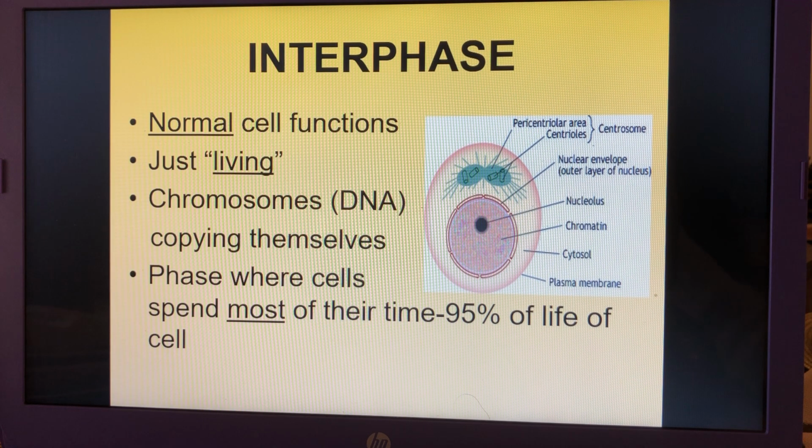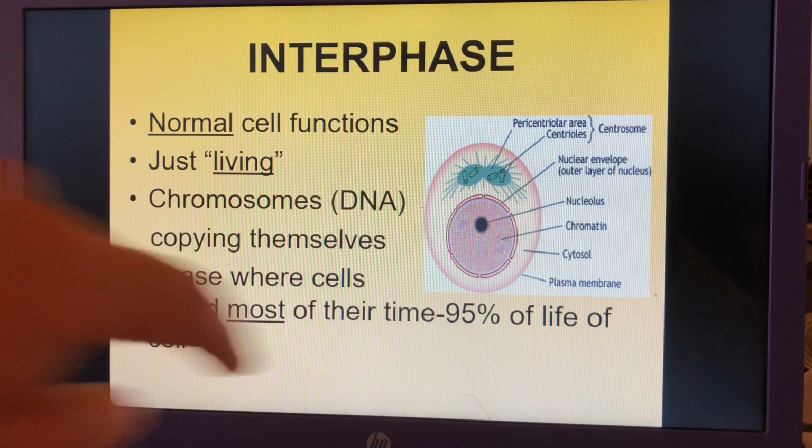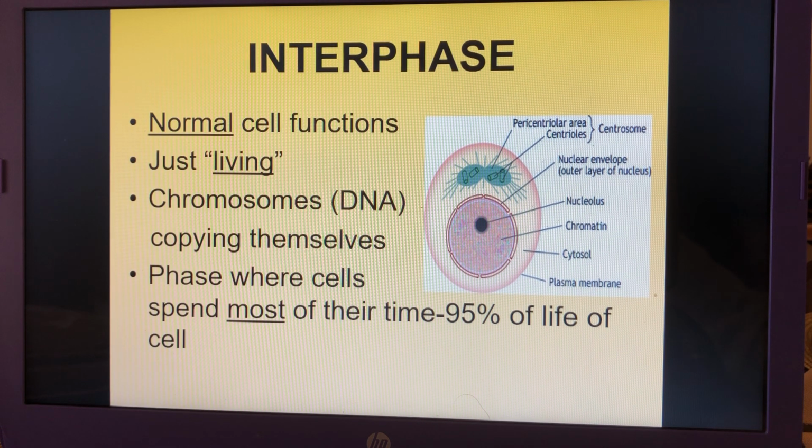We have to have normal cell functions. The cell has to be able to get rid of waste, has to be able to bring nutrients and minerals in. Duplication of the DNA has to take place. So interphase is very important in the stage of the cell cycle because 95% of the cell's life is spent in this stage.